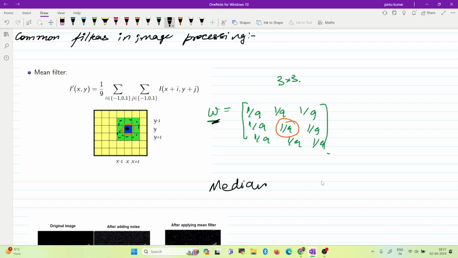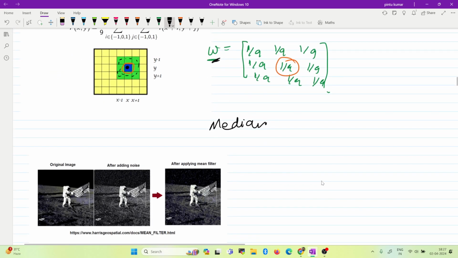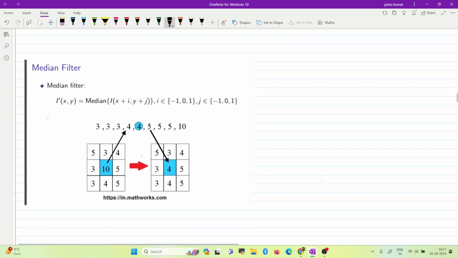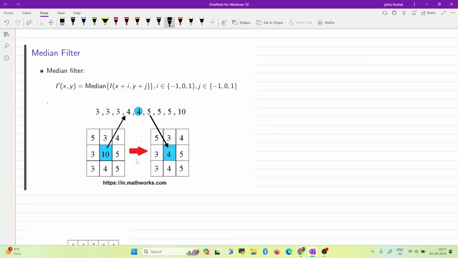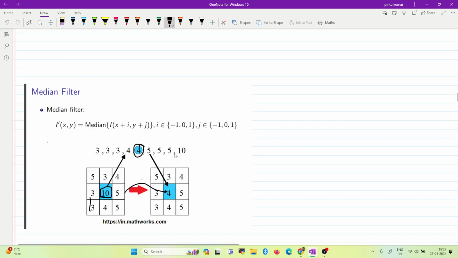That is also a valid filter. I have a median filter example over here. If you want to apply the median filter at this point, you arrange the values in increasing order, and 4 is the median value, so the output would be 4 over here. Similarly, you can apply this at other points also.